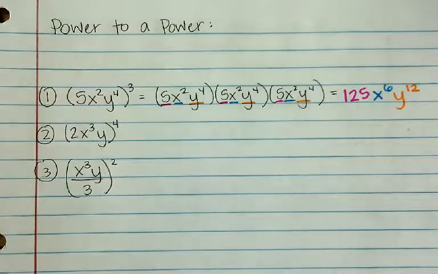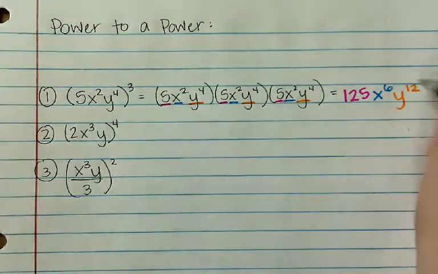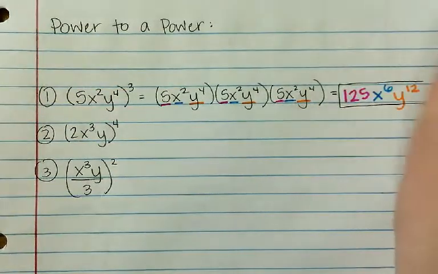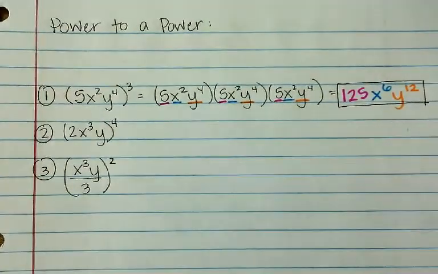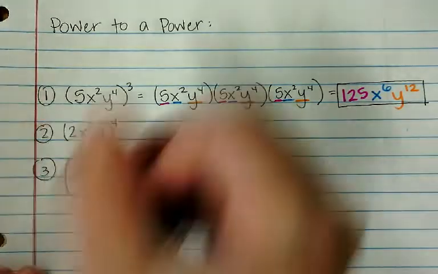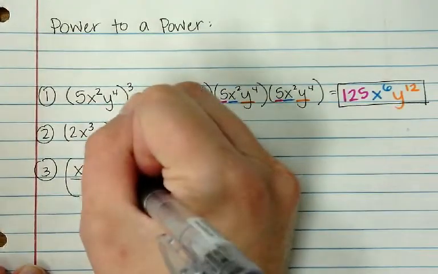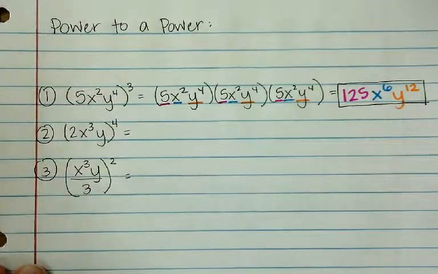Feeling good? All right, so what I want you guys to do is come up, see what you can do for numbers 2 and 3. I want you guys to expand it and then see if you can come up with a rule.